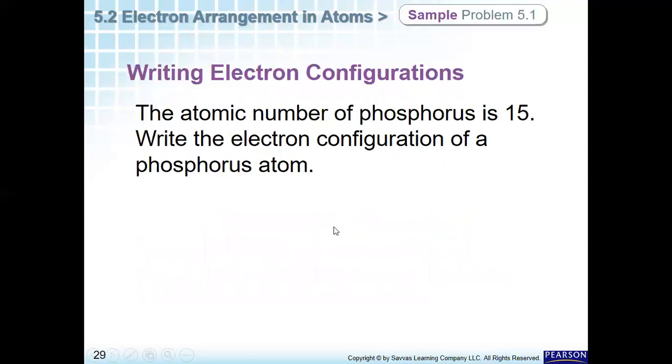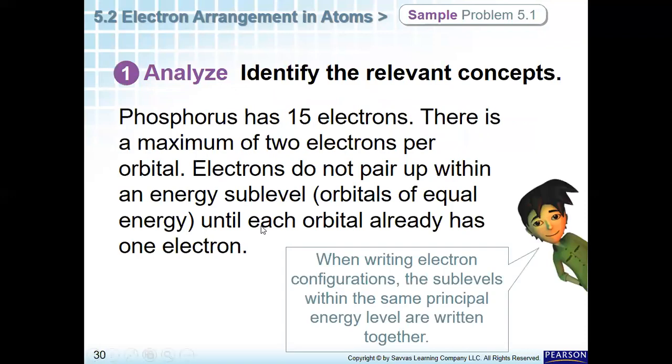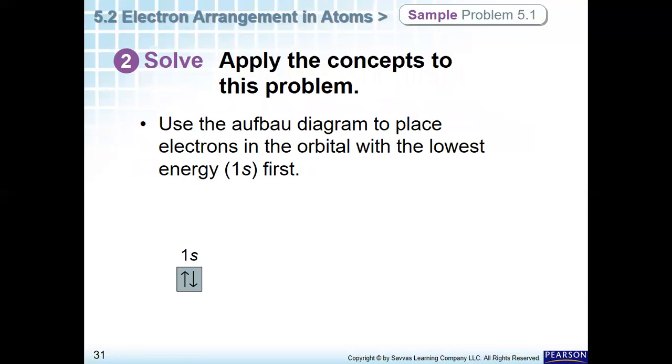So writing electron configuration here, the atomic number of phosphorus is 15. Write the electron configuration of a phosphorus atom. So it will be, as we say, 1s2, 2s2, 2p6, and 3s2, and 3p3. So the phosphorus has 15 electrons, as you can see, guys.